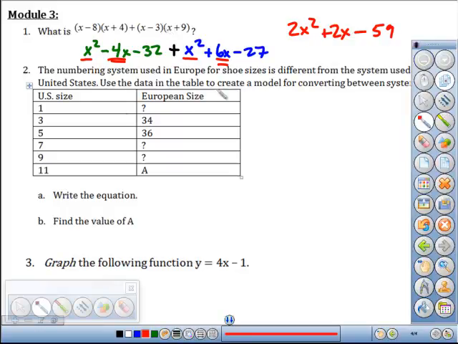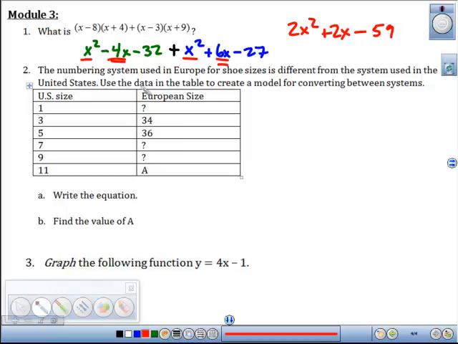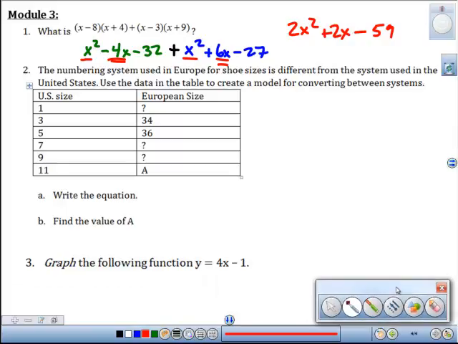Next, down here, it's talking about European shoe sizes. So here's the American or U.S. shoe size, and then the European shoe size. What we're trying to see here, I think, is as you increase in size, how are the European sizes increasing? Here this is 1 to 3. So what's the difference from here to here?